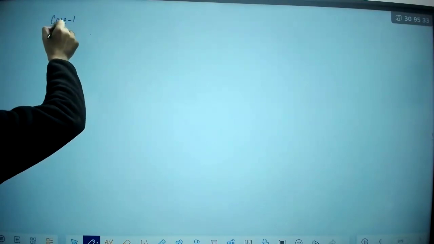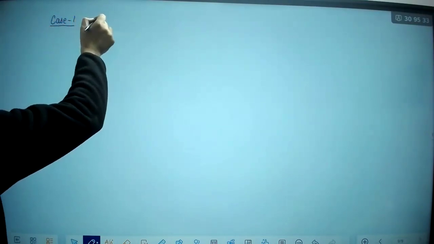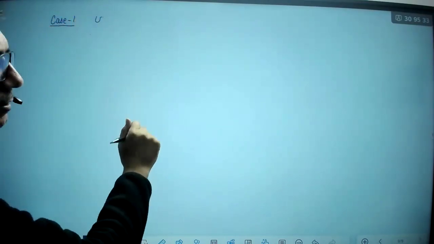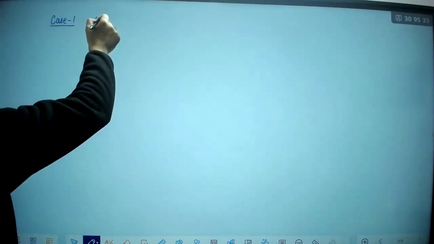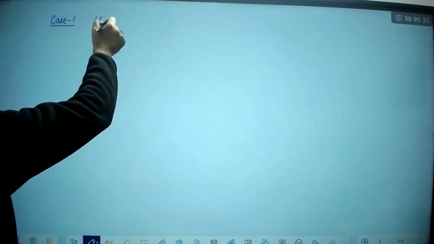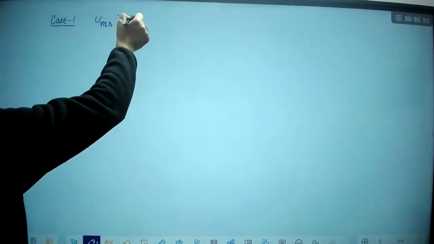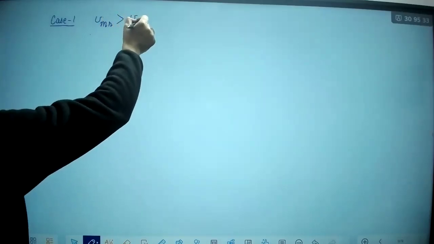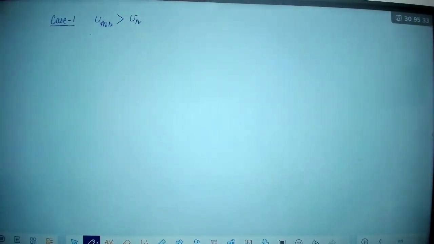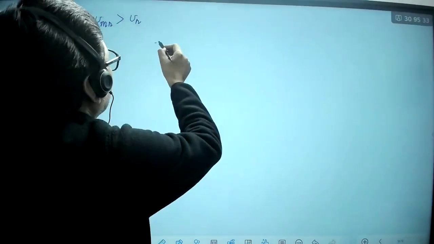Suppose I have divided all cases into two parts. First case will be, suppose velocity of the swimmer with respect to river water is greater than velocity of the river. First case is this one. So here this is a river.